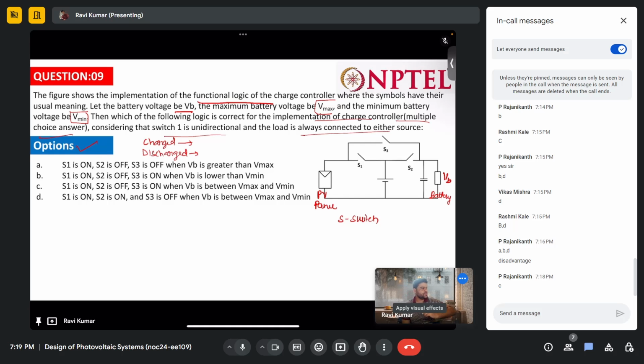First identify what is the condition when the battery is fully charged. When the battery is charged fully, it means VB is greater than Vmax.